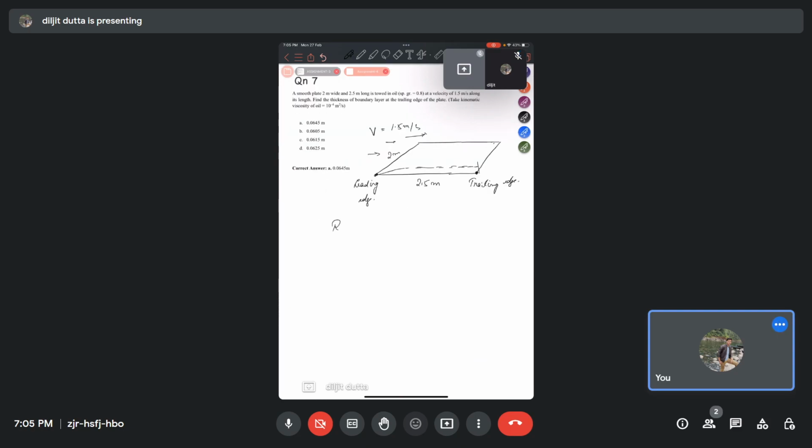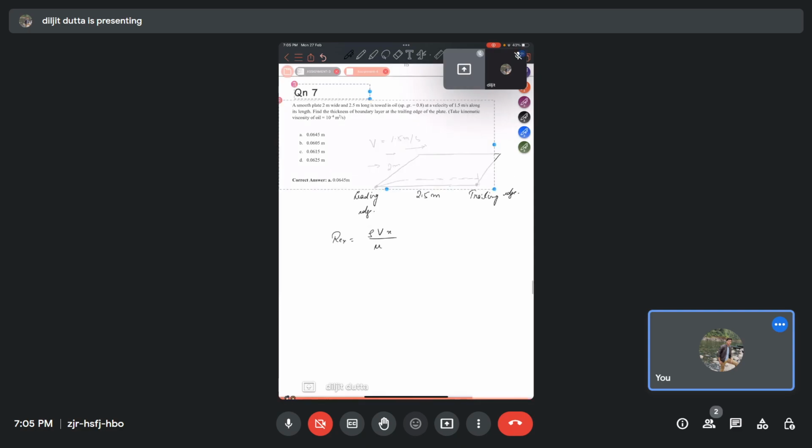So Rex equals rho Vx by mu, and the kinematic viscosity is given as 10 to the power minus 4 meters square per second. So mu by rho equals 10 to the power minus 4 square per second.